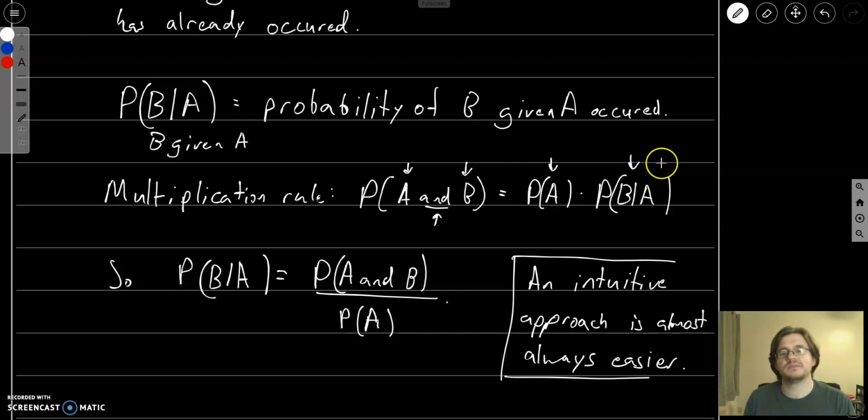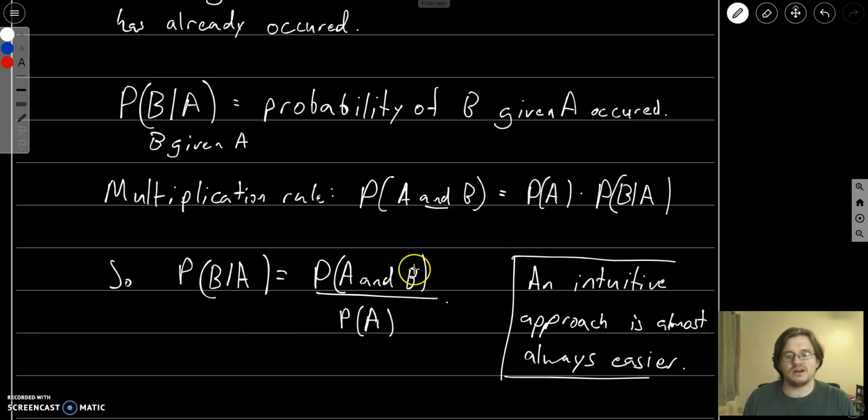So the probability that A occurs and then B, well, we have some extra information and we need to take that into account. So this is the multiplication rule, and one thing we can do is solve for the probability of B given A. The probability of B given A is equal to the probability of A and B divided by the probability of A, just dividing both sides by this. Now, this is a perfectly valid formula to use.